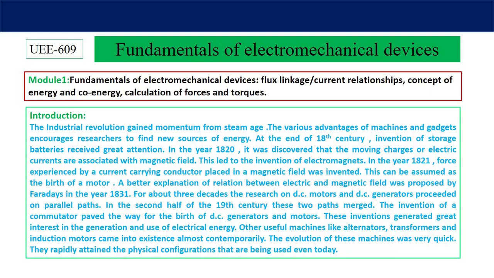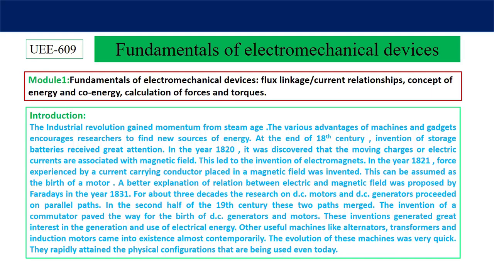In the year 1821, it was found that if a current carrying conductor is placed in a magnetic field, it will experience a force. This can be assumed as the birth of a motor. A better explanation of the relation between electrical and magnetic fields was proposed by Faraday in the year 1831, and he gave a few very popular laws, which are still known as Faraday's laws of electromagnetic induction.